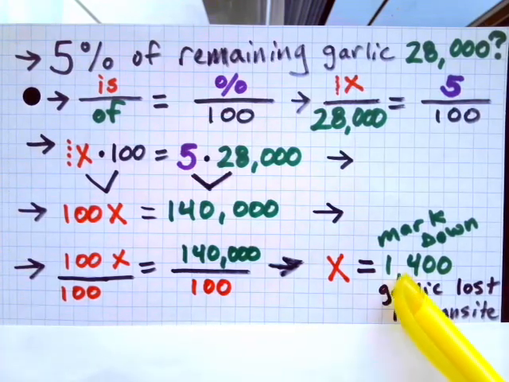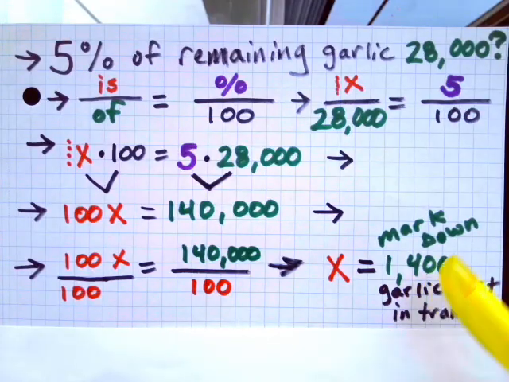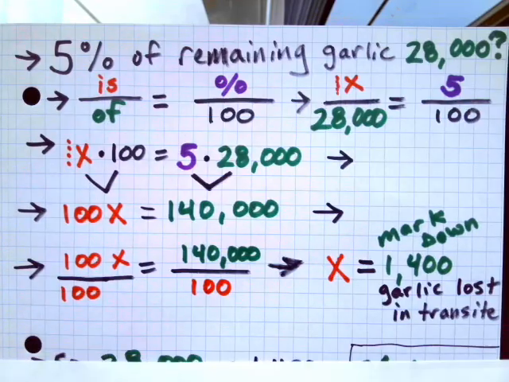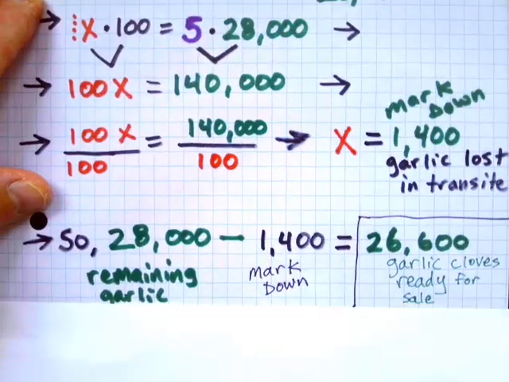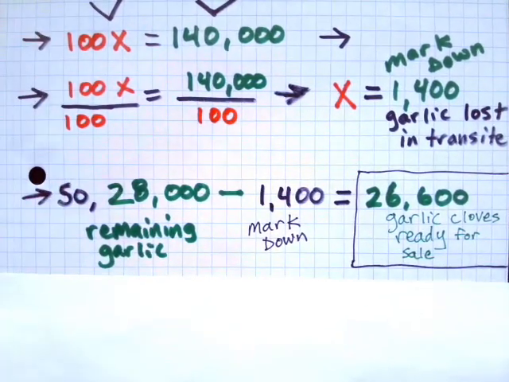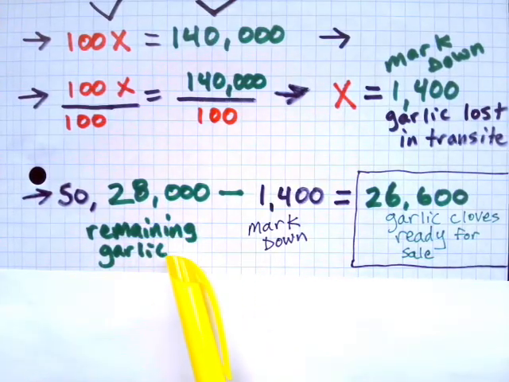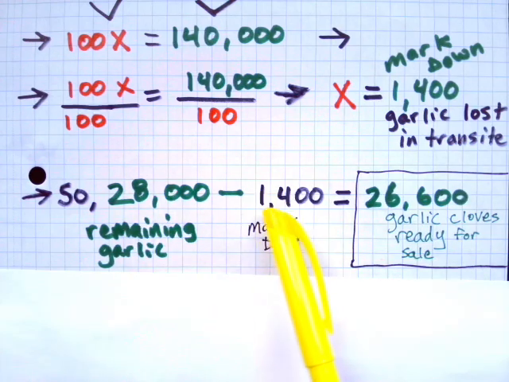I messed that up. So that's a markdown, right? So we want to subtract 1,400 from that 28,000. That's going to give us the total amount that we are able to sell at market once that truck gets to market. So again, 28,000 remaining garlic cloves. 5% of 28,000 is 1,400.